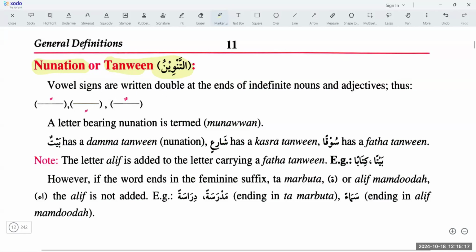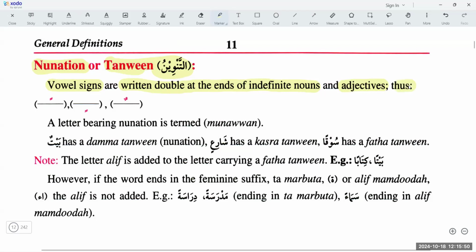The vowel signs, just now we learned dhamma, fatha, and kasra. We write these vowel signs double at the end of an indefinite noun, and we write it at the end of adjectives as well. If there are adjectives, we also write the double sign of the vowel.